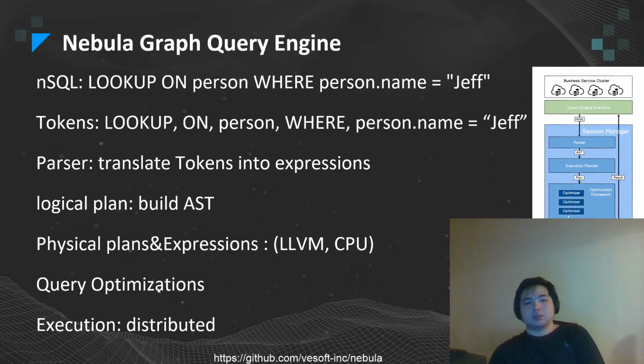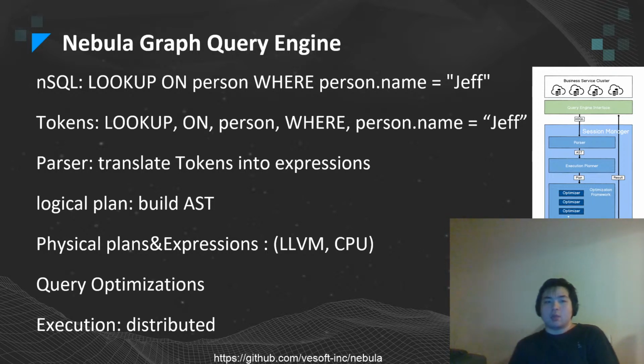So we also support a distributed query engine and distributed execution, which means that you can run your queries in parallel and use Kubernetes and protocol buffer to communicate between different query engines, metadata services, and storage engines, which also makes it possible to do load balancing between different storage engines and their loads.